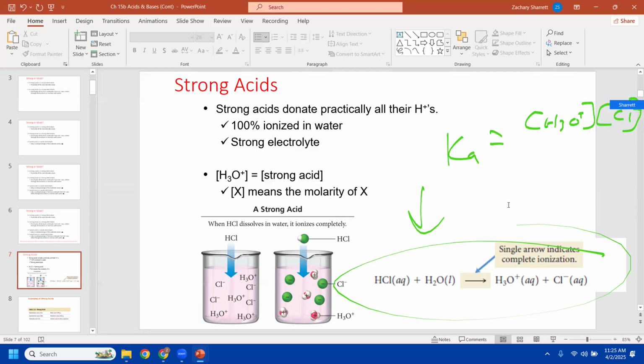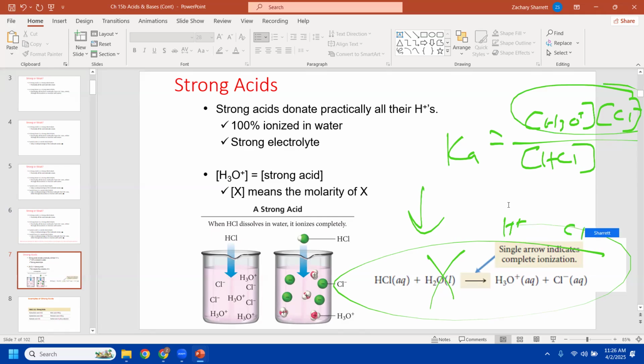Good. Over. Why don't we put the H2O in there? Very good. So if something like a strong acid has a very large Ka value, like Yasmin said, that means this concentration is really high, the H plus and the Cl minus, and again, I write H3O plus as H plus. These are interchangeable, over the amount that is over here.